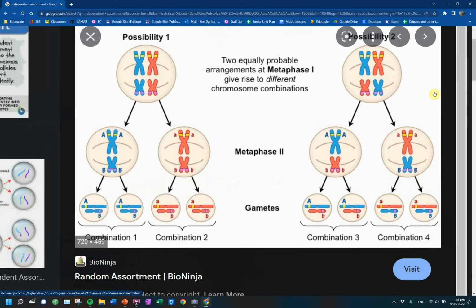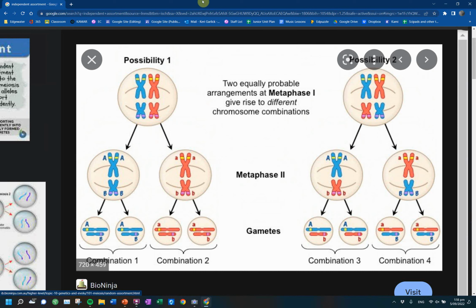All right, so this is a little bit simpler because you have less to deal with. In this possibility, we've aligned the blue and the red together, whereas in this possibility, we swapped around these two down here. And what it's doing is providing different potential combinations. That's independent assortment.